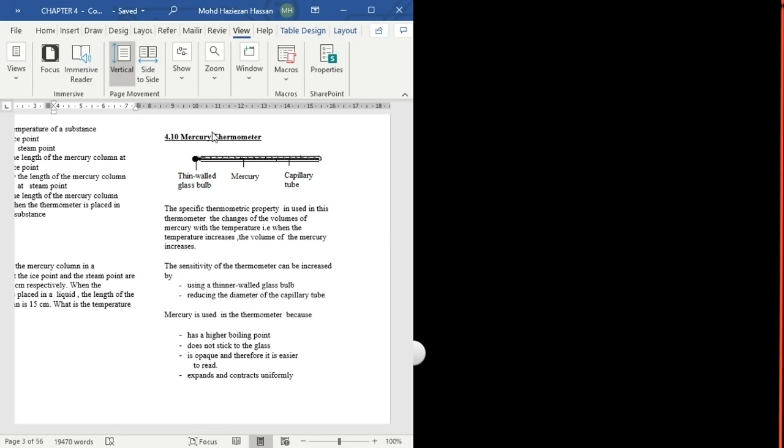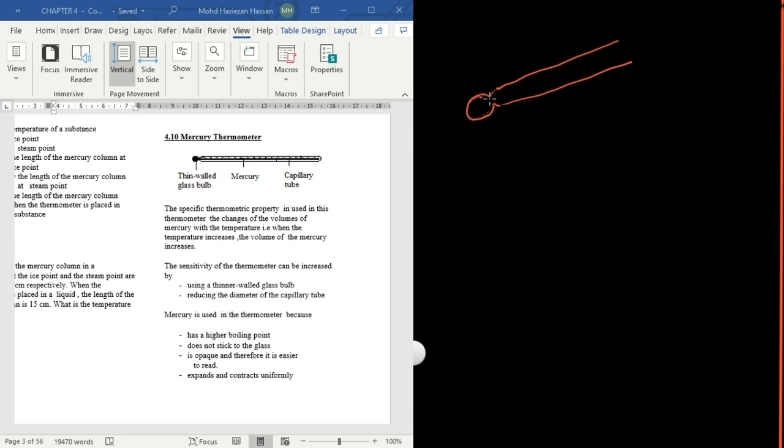So here you have this mercury thermometer in the notes given. It consists of a thin wall glass bulb. At the end of the thermometer, there is a thin wall glass which we call the bulb, also known as berbuli in Malay. It is made up of a very thin wall bulb.